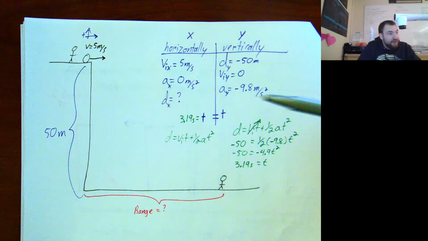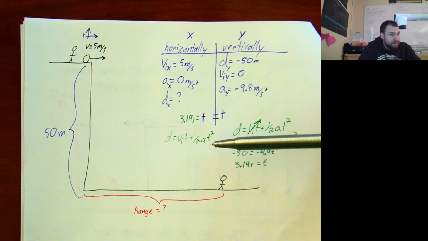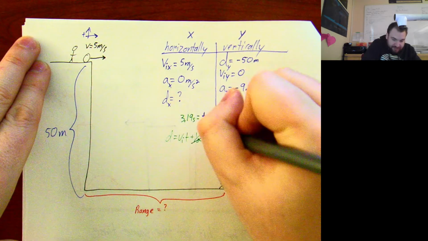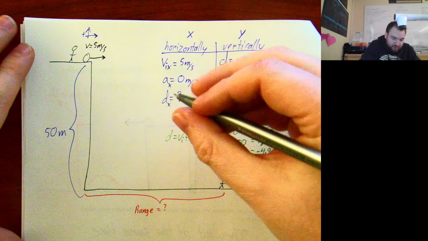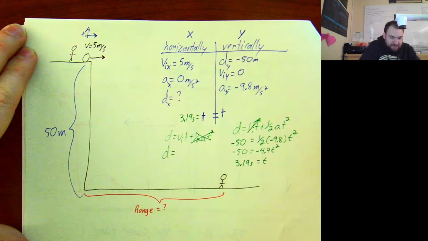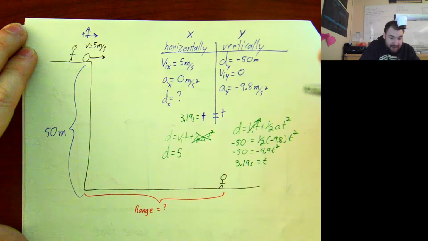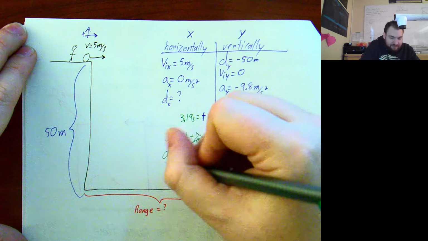The beauty here is that what goes away? The acceleration. Yeah, the acceleration is 0, so this whole term is gone. So then our displacement in the x direction is just going to be its initial velocity, 5, times 3.19 seconds.